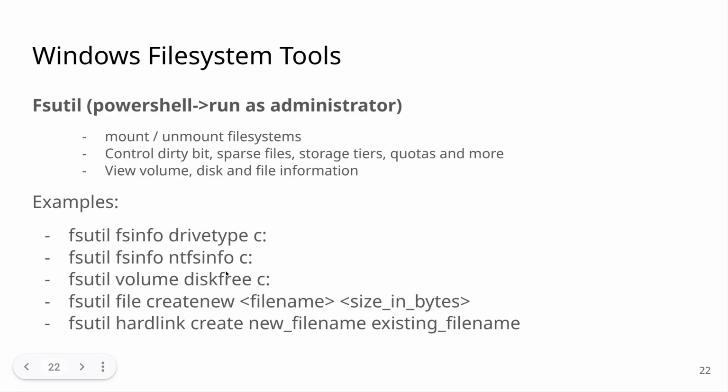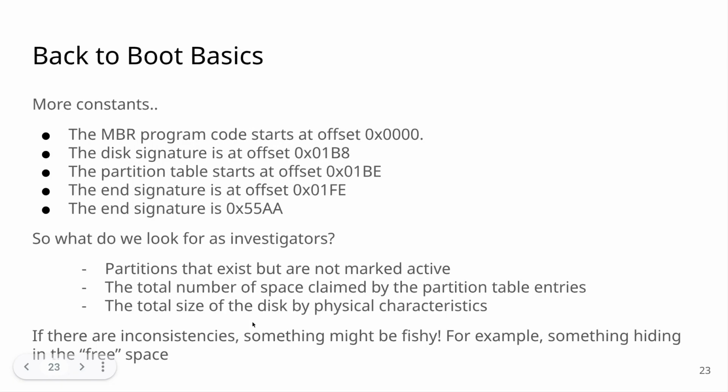You can see how much disk is free on that volume. You can create new files and specify the size in bytes, and you can create sparse files, as we said here. You can try that, and you can also create hard links, as we used ln on Unix. You can use fsutil hardlink on Windows. We're going to jump to this slide in the next lecture.